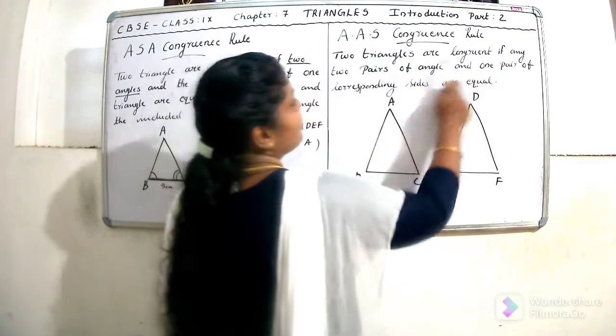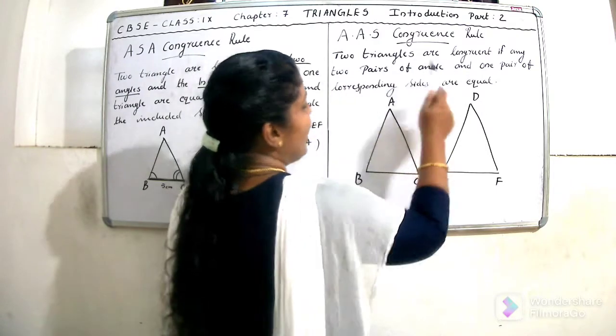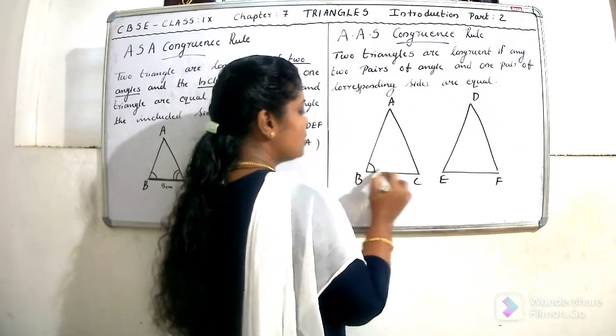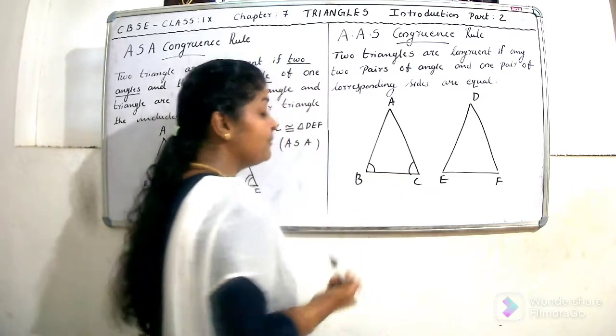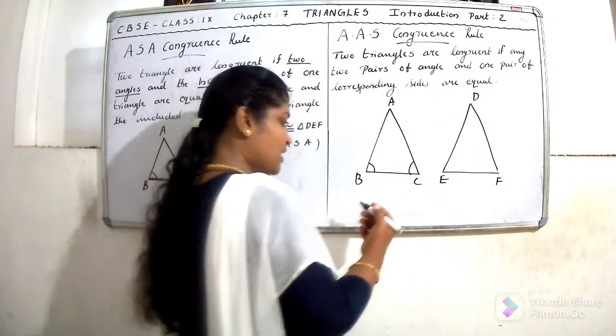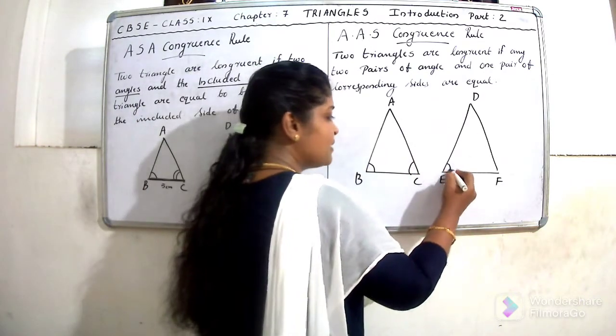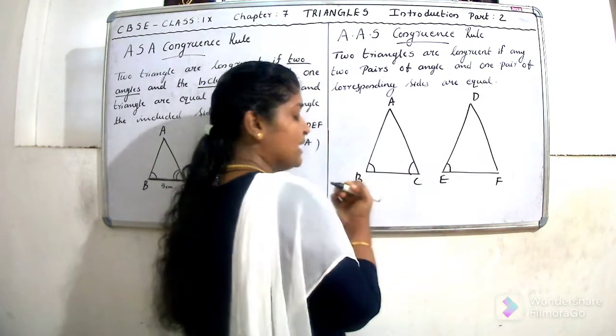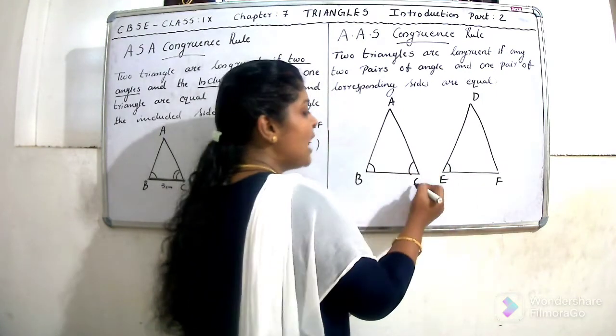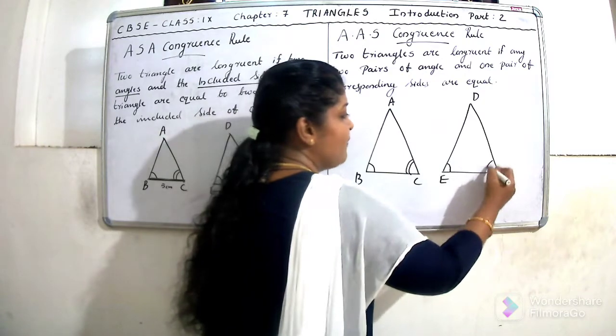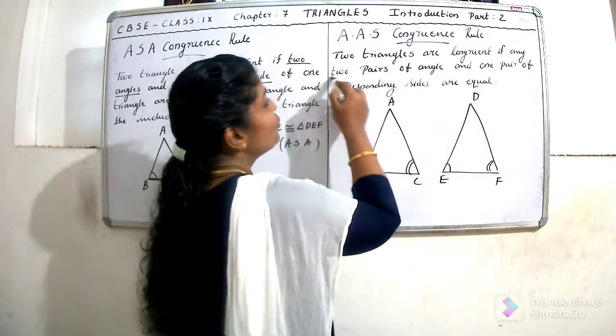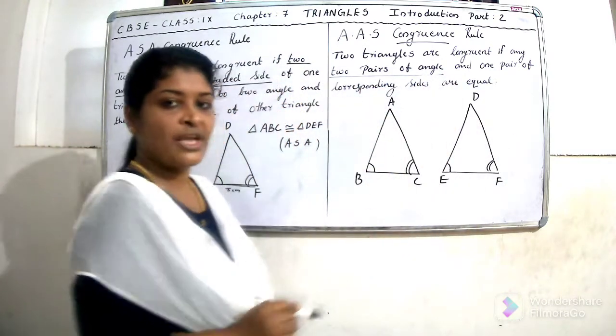Here, what is it saying? Two pairs of angles, any two pairs, suppose angle B and angle C are equal. So they are corresponding angles here, angle B and angle E are equal, angle C and angle F are equal. So two pairs of angles are equal.